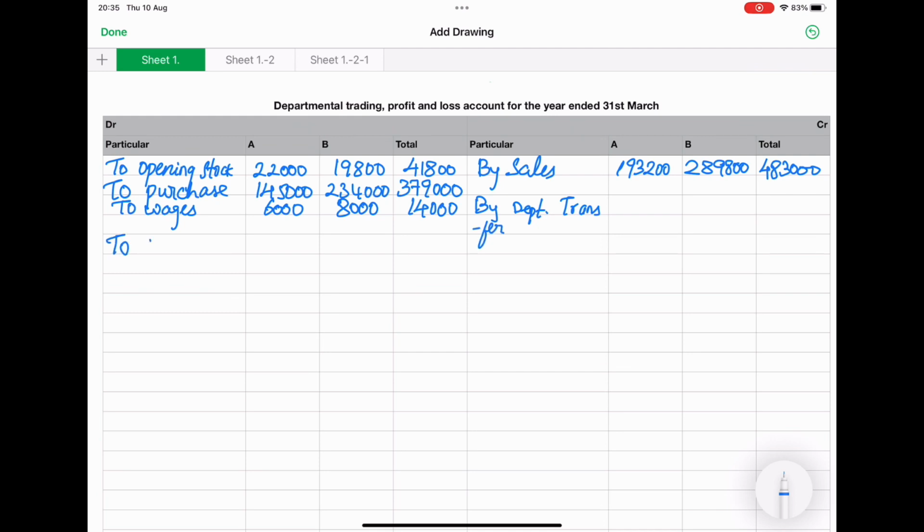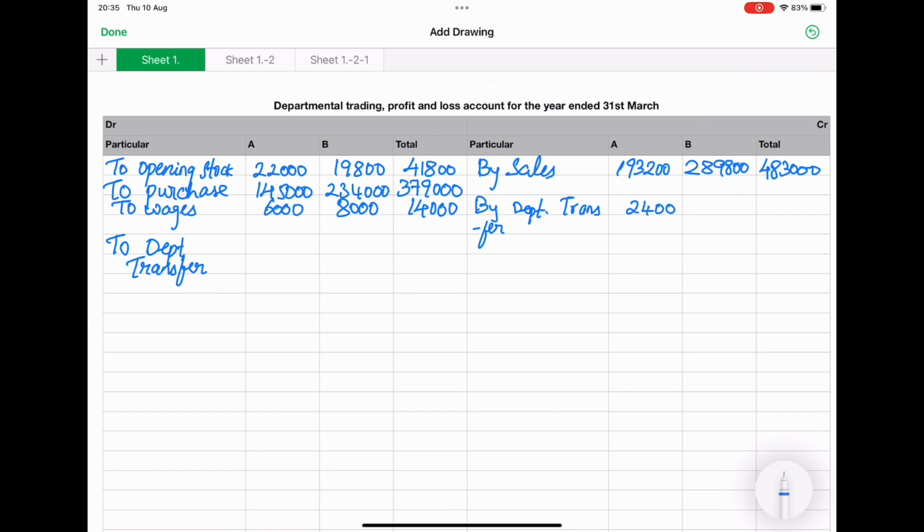Here, the department transfers we are going to mention. Yes, for the first one, by department A to department B, 2,400. A to B in the sense, for A we are going to consider it as sales.